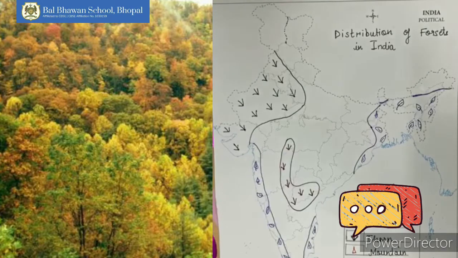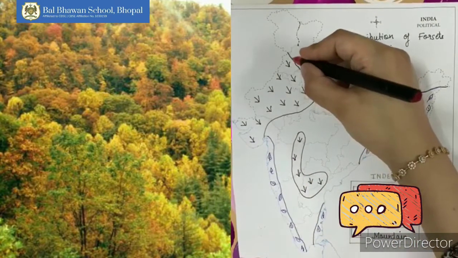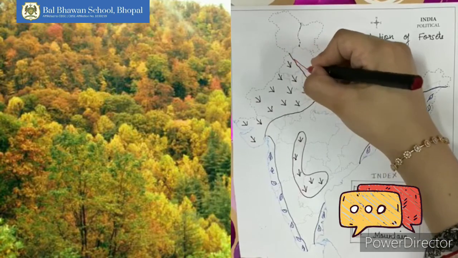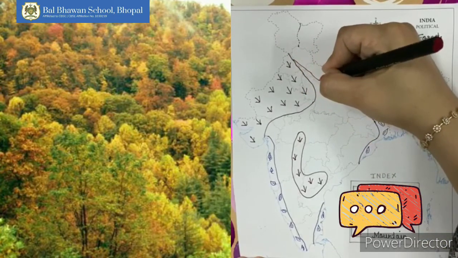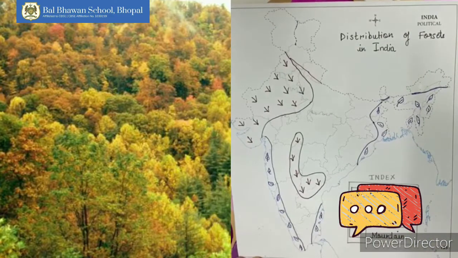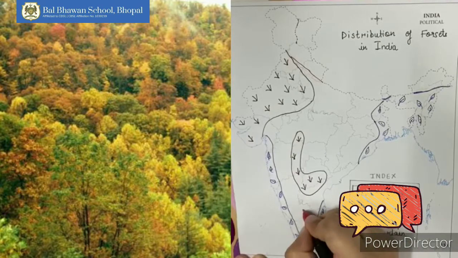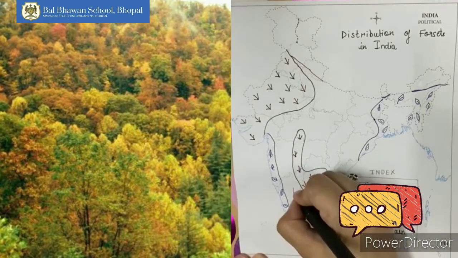The next forests that we are going to mark on this map are the deciduous forests. The deciduous forests are also called the monsoon forests, and they are present in the areas which have warm and moist summers and cold winters. The soil of these places is rich.